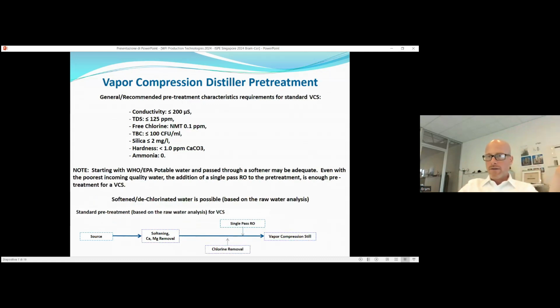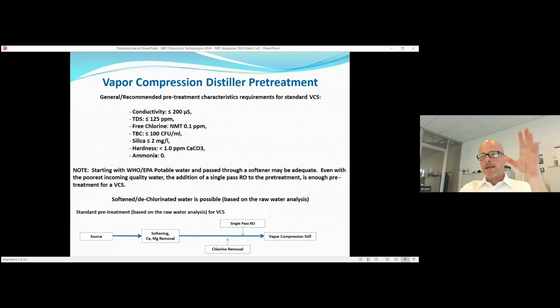When we talk about the vapor compression distiller, as we have seen before, there is the summary on the top, we have a higher tolerance in the characteristic of the feed water. The rules always recommend to start with potable drinkable water as per WHO or EPA.